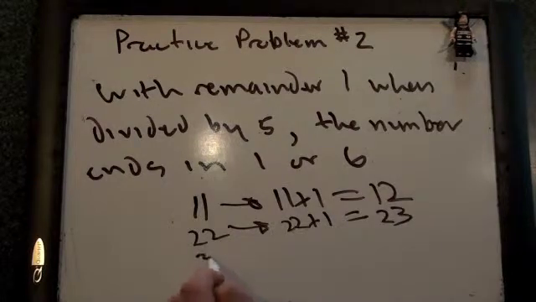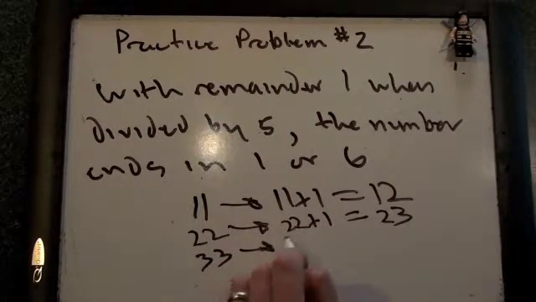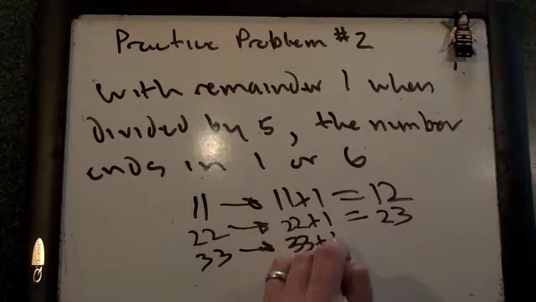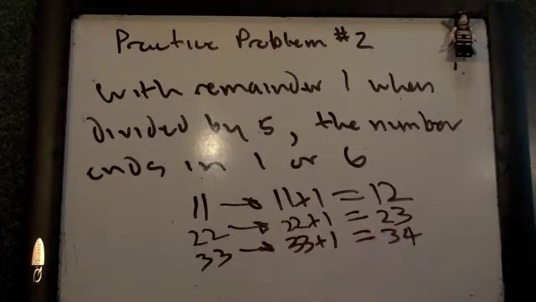No. What's the next multiple of 11? 33. 33 plus 1 equals 34. Does that end in a 6? No. Okay. Can you see from the pattern which one is going to end in a 6? 44 is going to be 45. It's going to be 55. Okay, so 55 plus 1 is going to be what? 56.